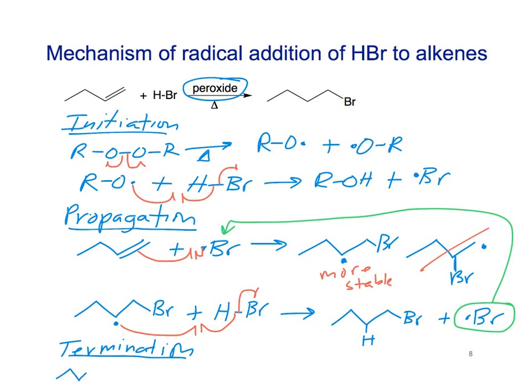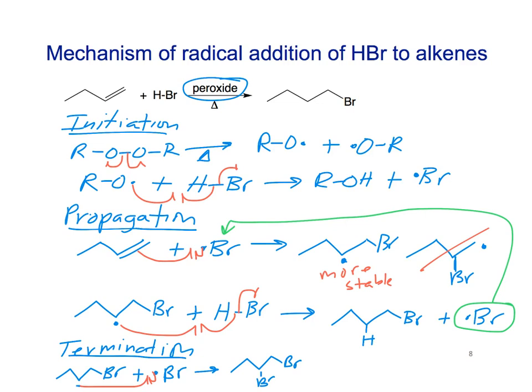We could start with something like this radical reacting with a bromine radical, like this. That would form a dibromo compound. That'd be like we were just brominating the alkene, right?